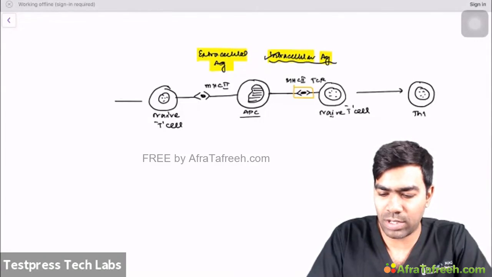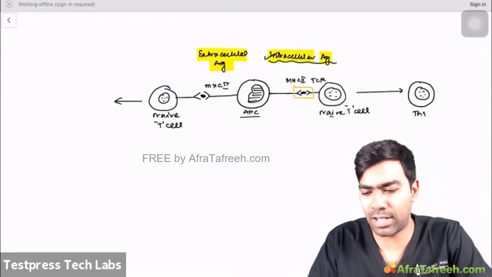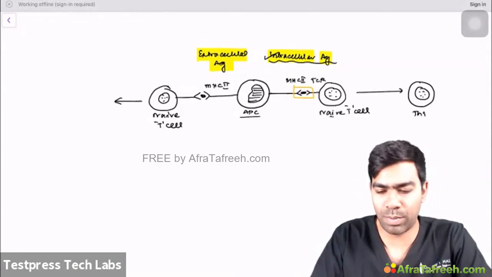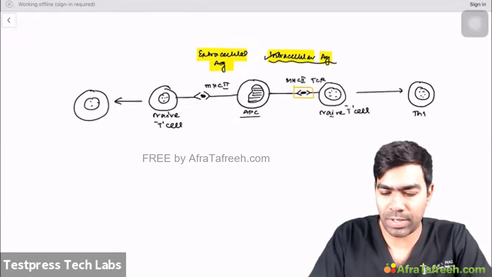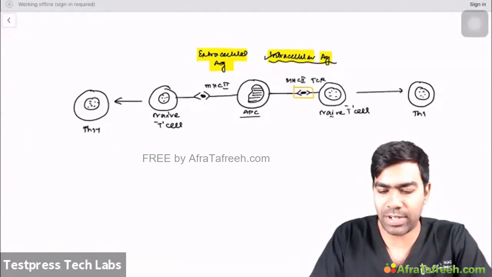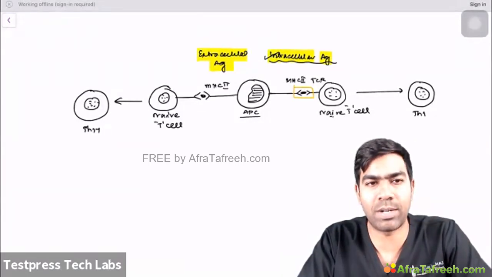Once this kind of extracellular antigen related APC presentation is happening, most probably the T cell activation pathway will be moving towards a T helper 17 clone formation. So this is called the T helper 17 pathway.